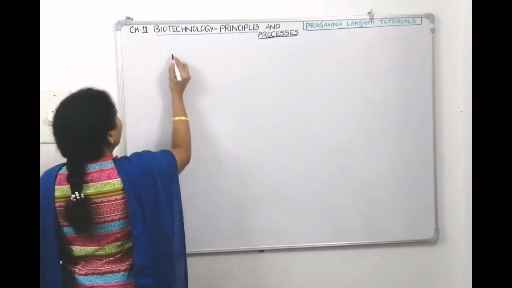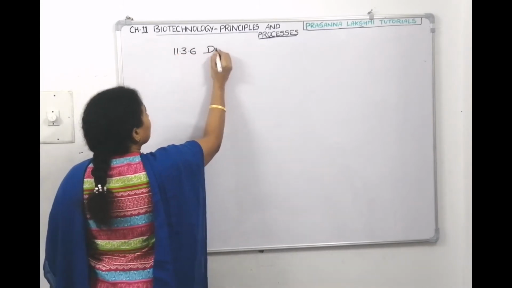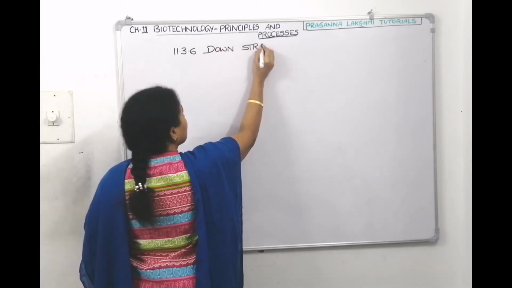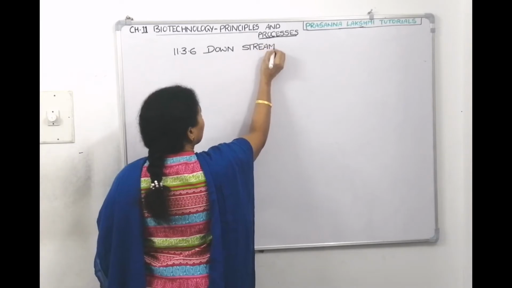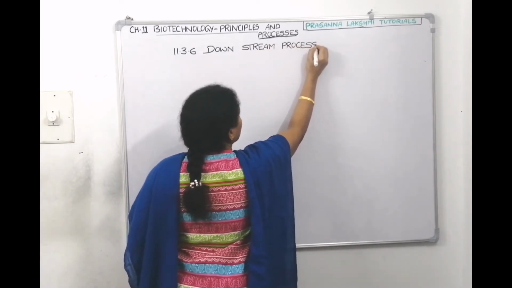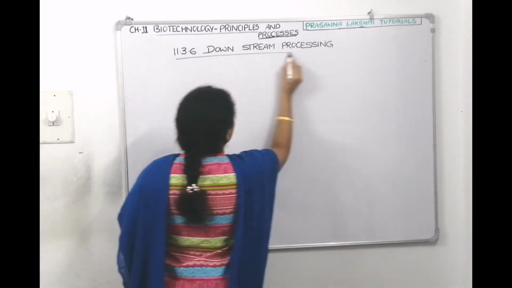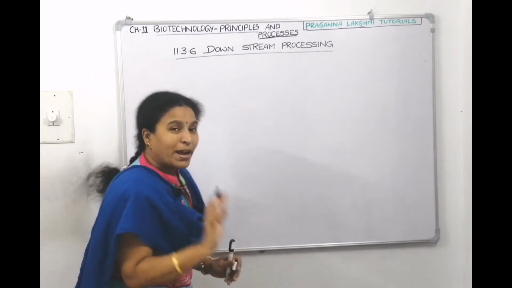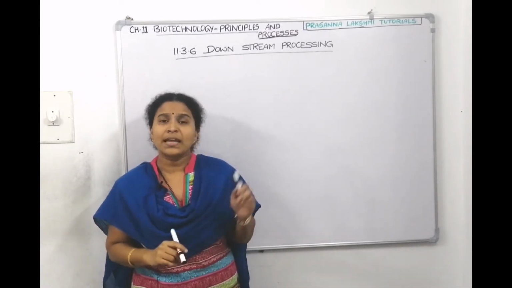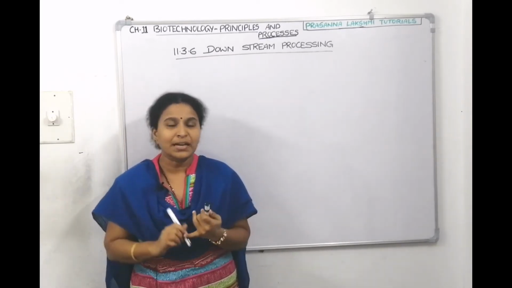After completing the biosynthesis, we need to go to the last step, which is downstream processing. When will we go for downstream processing? It is carried out only after the biosynthesis is completed in the bioreactor, right?